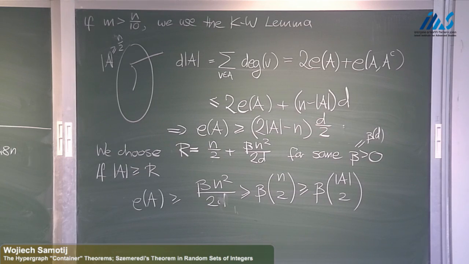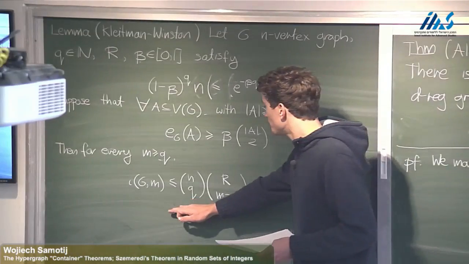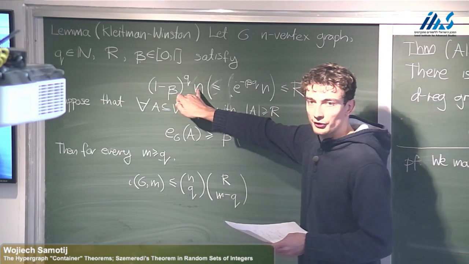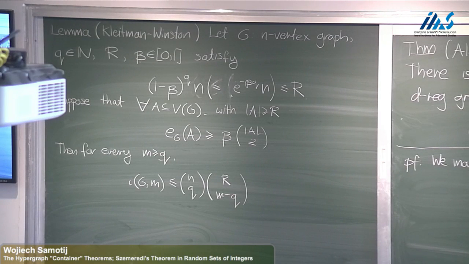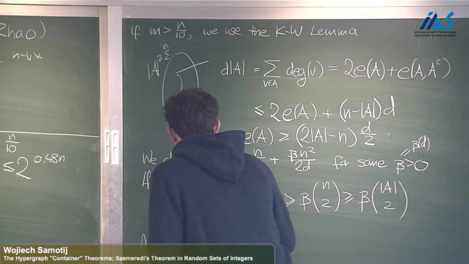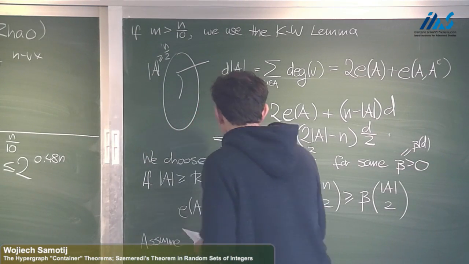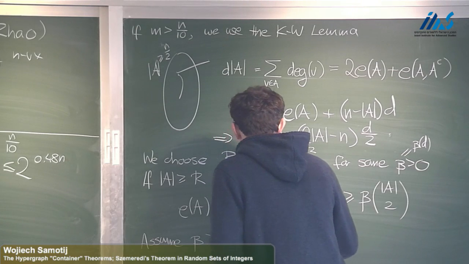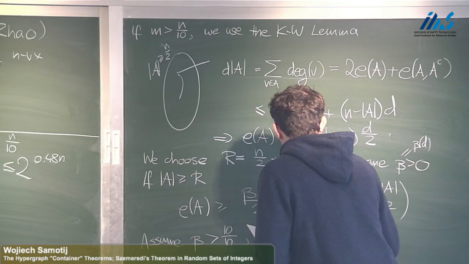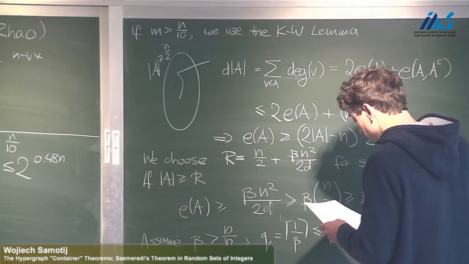So we can conclude this bound if we choose Q so that this condition is satisfied. So this will hold. We now assume that beta is at least 10 over n, and we choose Q to be the ceiling of 1 over beta, which is at most n over 10.